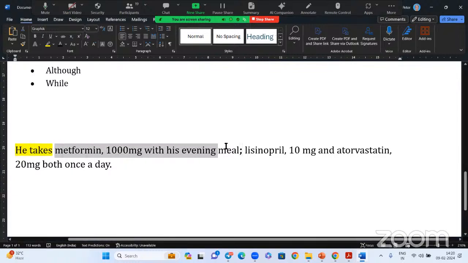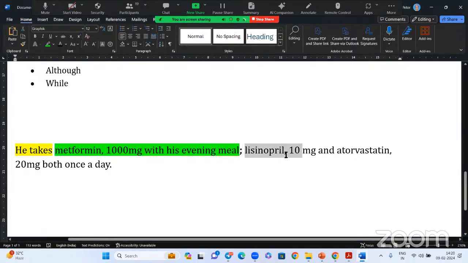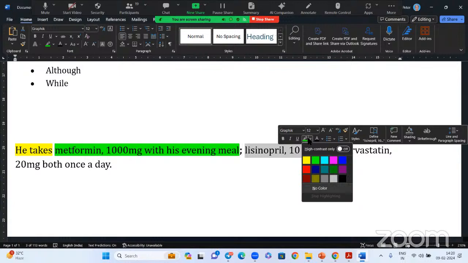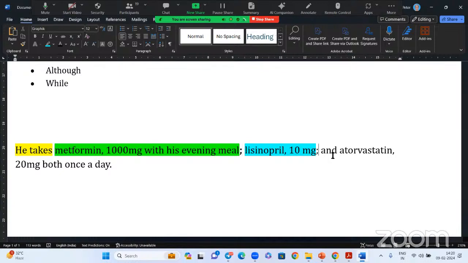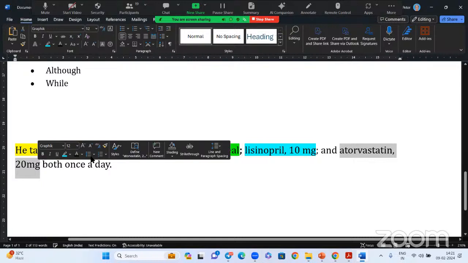This is A, he takes A; he takes B; this is a semicolon again, and he takes C. So here, this is the third one, atorvastatin, 20 mg.